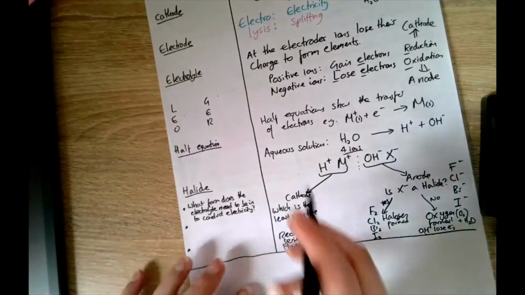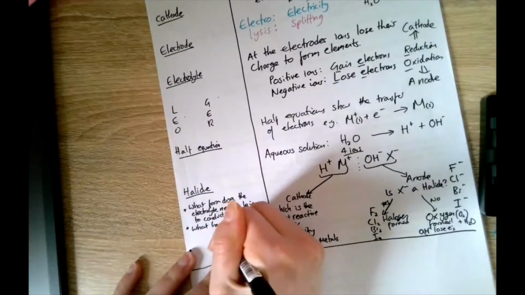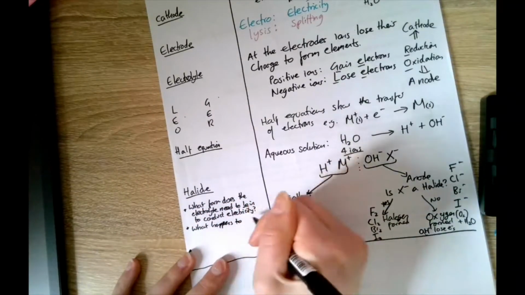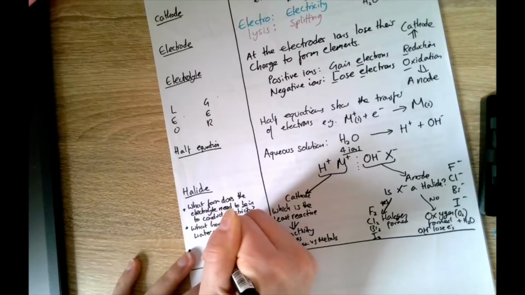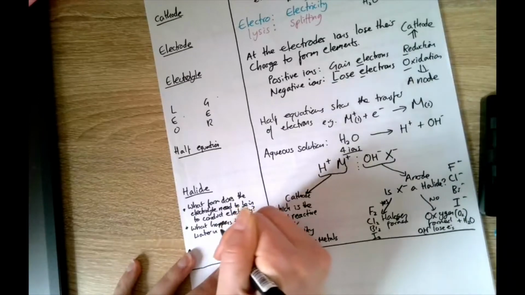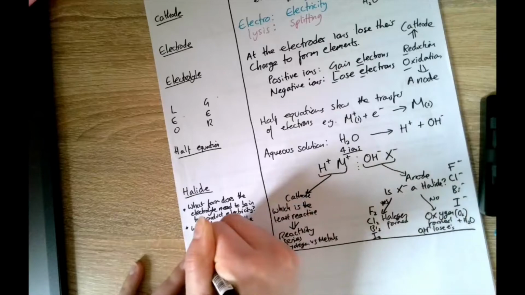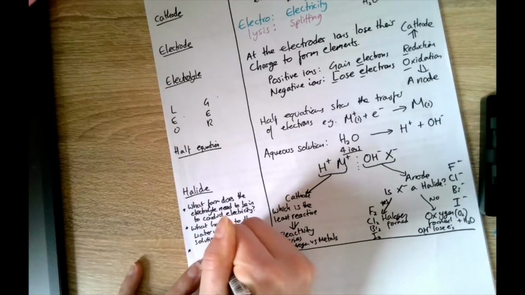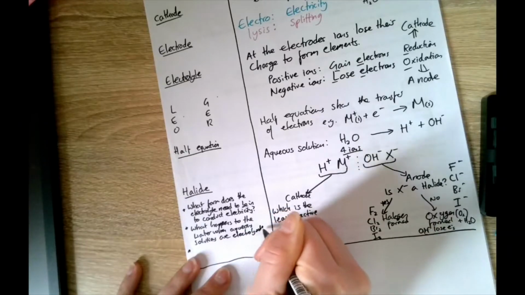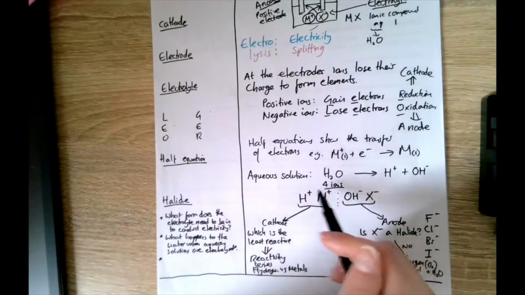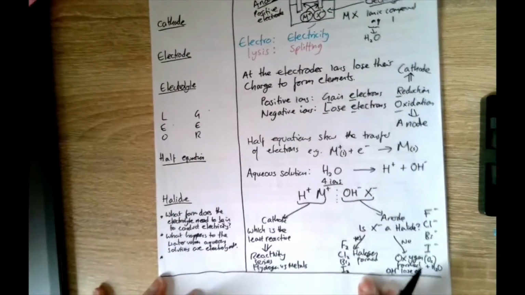The next question we can ask ourselves is, what happens to the water when aqueous solutions are electrolyzed? And that's referring to this part here, that our water also splits up into H plus and OH minus ions.